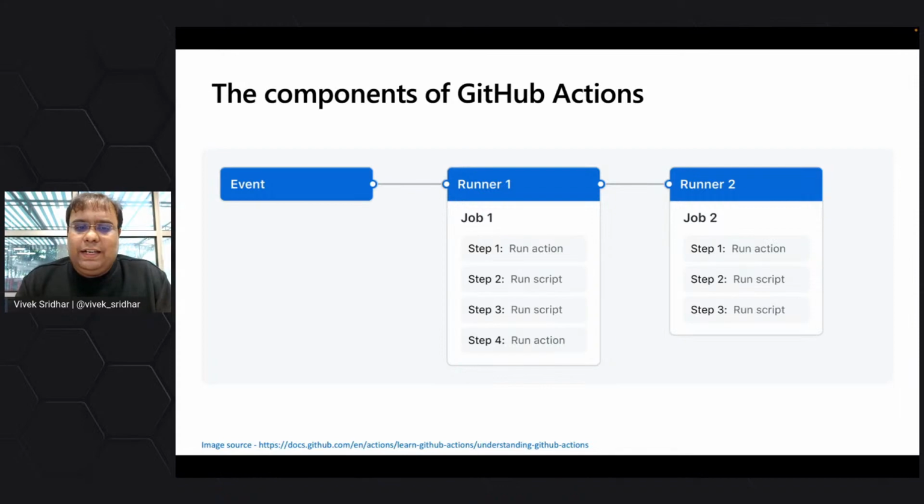Basically, in step one, if you see, there are scripts and there are actions. An action is nothing but an extension. It's basically for when you have a repeatable task, when you want to reuse a couple of pieces of code. We have been doing that. It's just that if you are using GitHub Actions, how do you do that repeatable code usage?